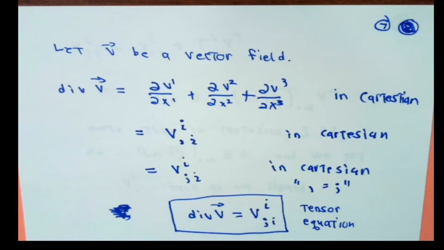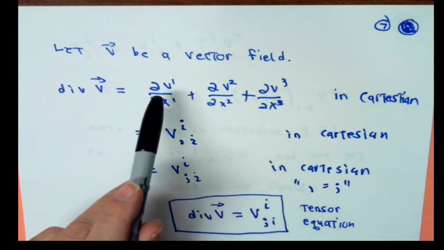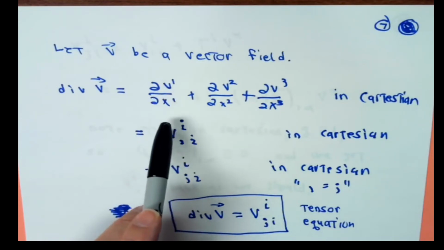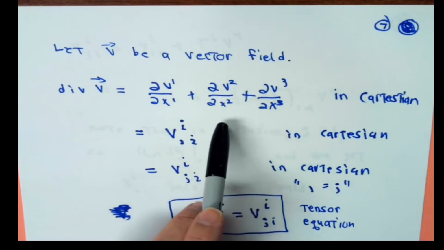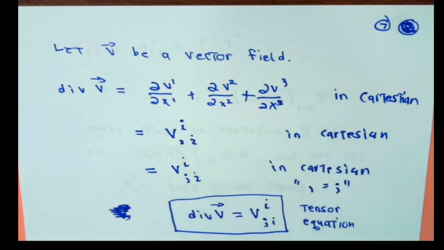Another commonly seen thing in third semester calculus is the divergence. Give me a vector field, a function that accepts points of a space as input and produces vectors for outputs. The divergence of it, in three-dimensional Cartesian coordinates, would be the partial of the first component with respect to x plus the partial of the second component with respect to y plus the partial of the third component with respect to z.